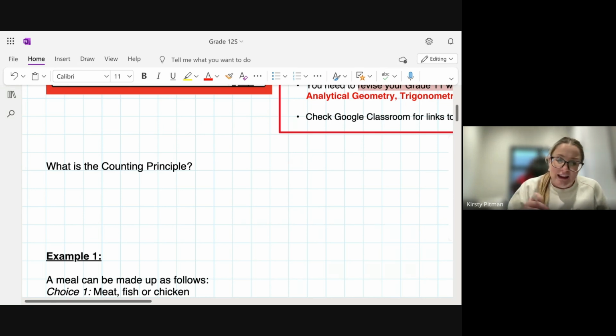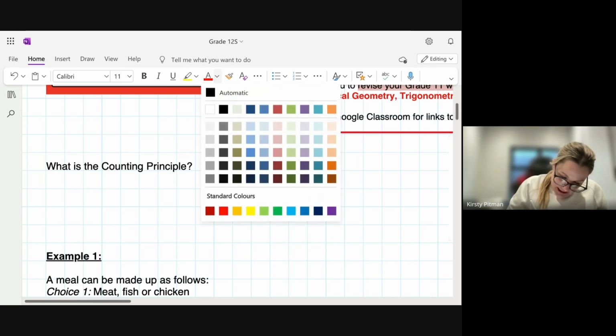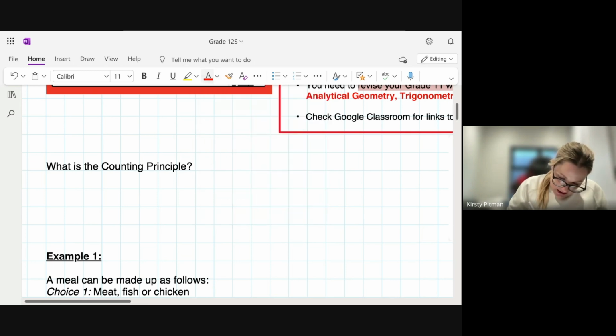If we're looking at the official, fancy definition, it's telling us that if there are a number of outcomes in an event. Oh, I hate using red, so I'm just going to change my pen color here if it lets me.